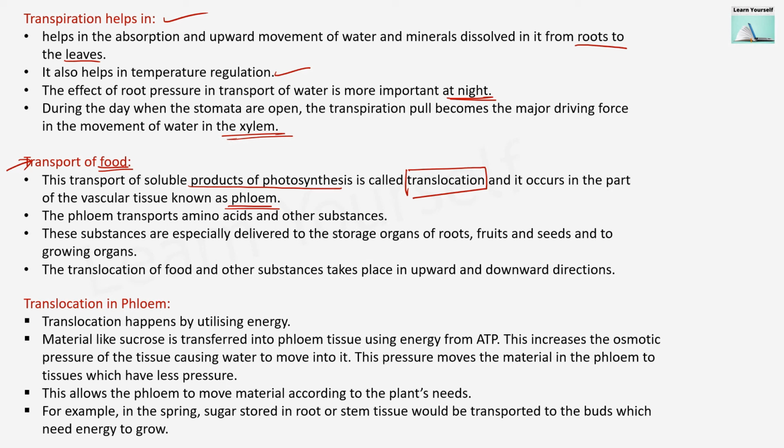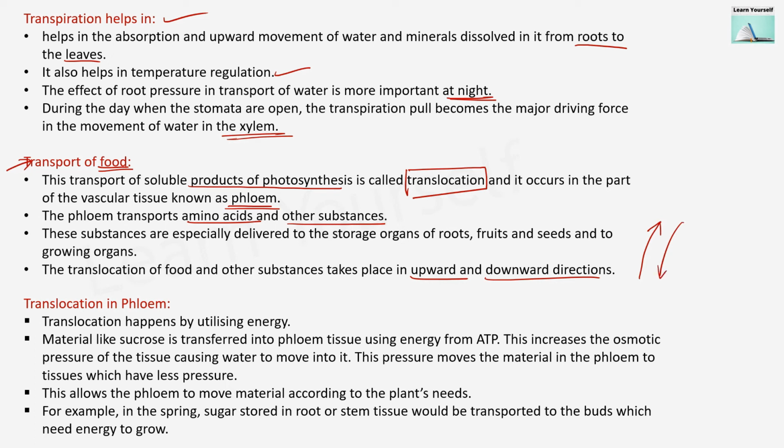Now the phloem transports amino acids and other substances. These substances are especially delivered to storage organs of roots, fruits and seeds and to growing organs. The translocation of food and other substances takes place in upward and downward direction. This happens both ways, that food particles will go up and also come down.